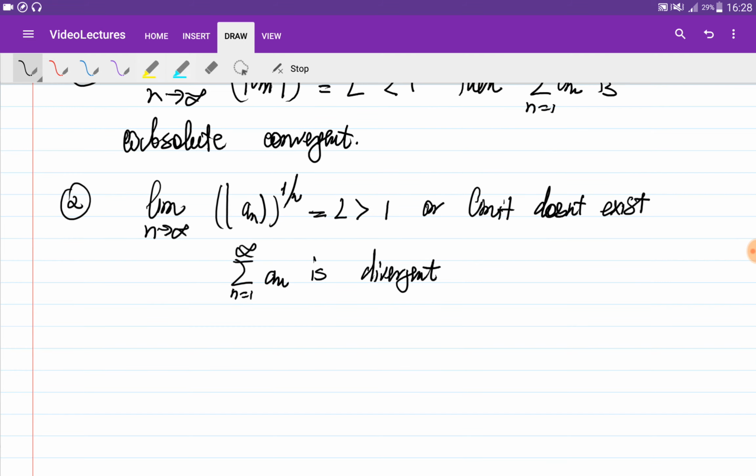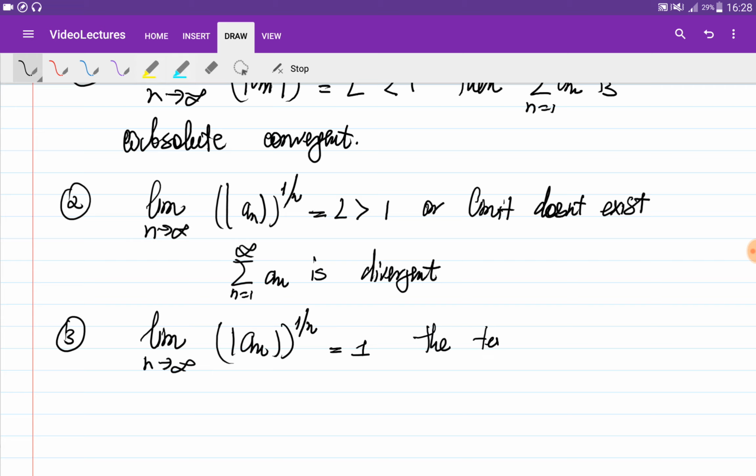And there's a third case where the limit of |a_n| to the power of 1 over n, meaning the nth root, as n goes to infinity, is equal to 1. In this case, the test is inconclusive.